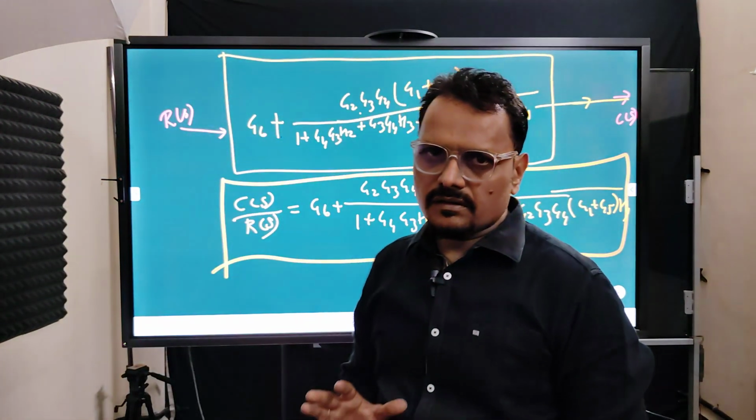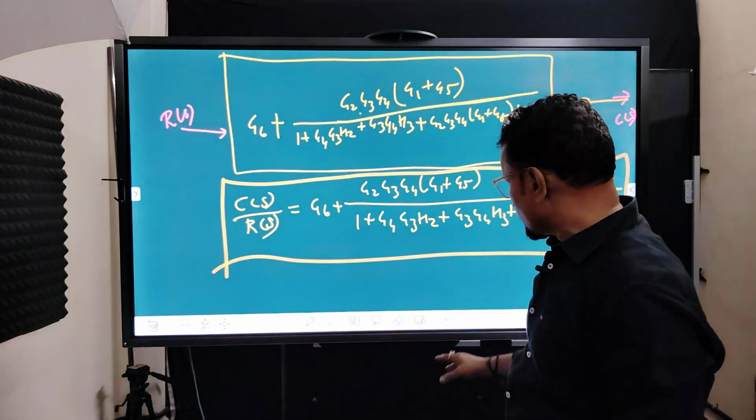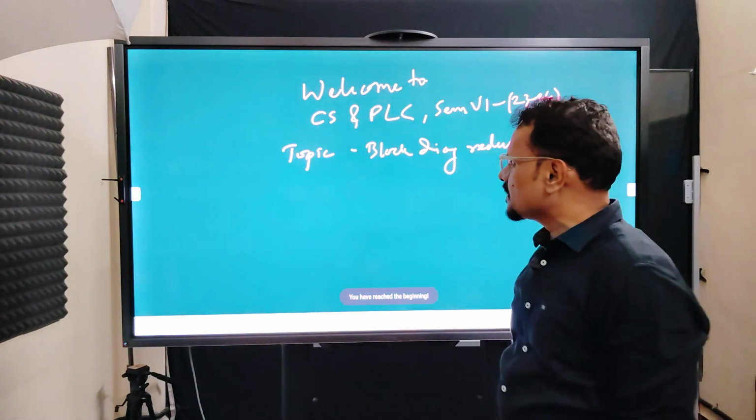So in a nutshell, we started with the block diagram reduction technique.